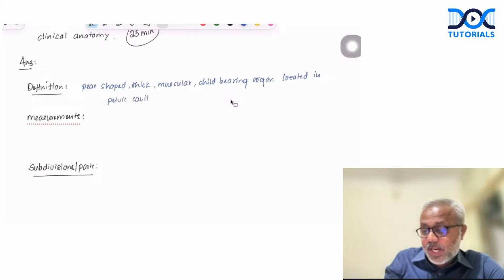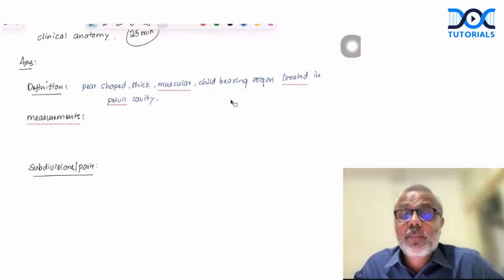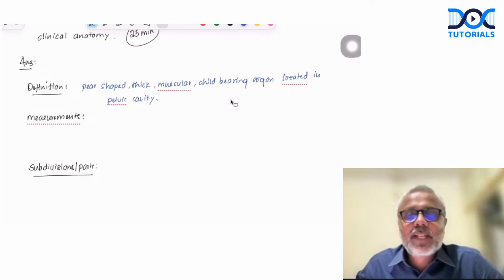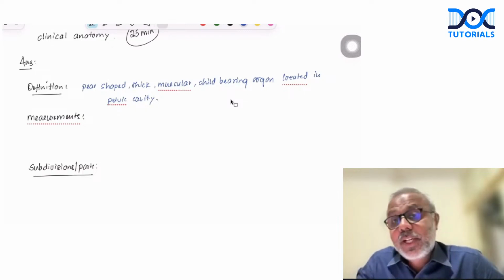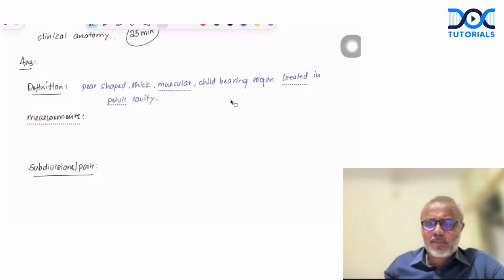Now, you may argue that uterus also extends into the abdominal cavity, but what we are talking about is a non-pregnant uterus, which usually lies within the pelvic cavity, sandwiched between the urinary bladder in front, the rectum and the anal canal behind, right? This would be a simple definition.